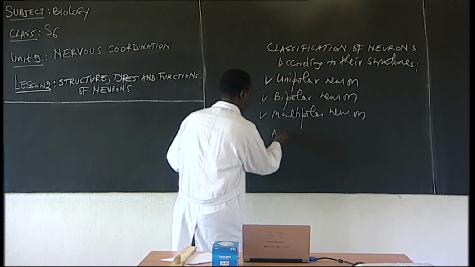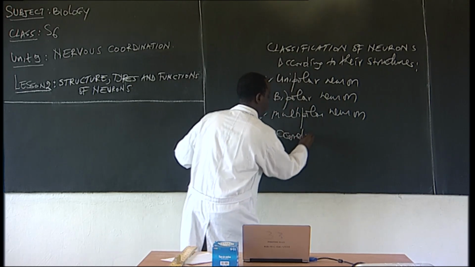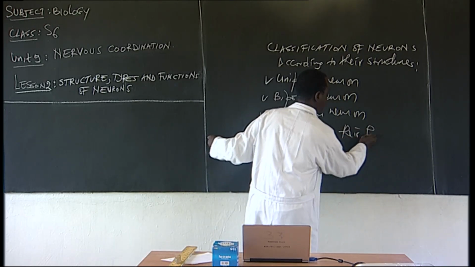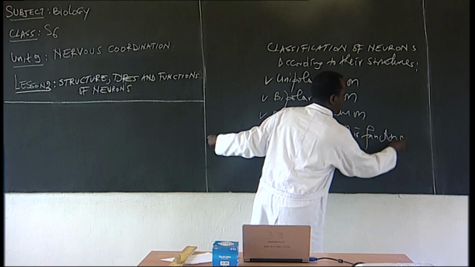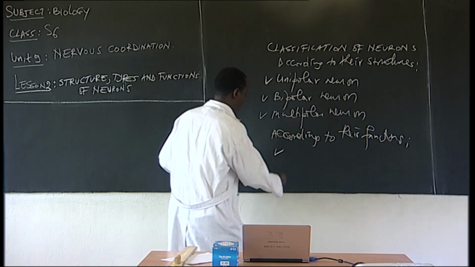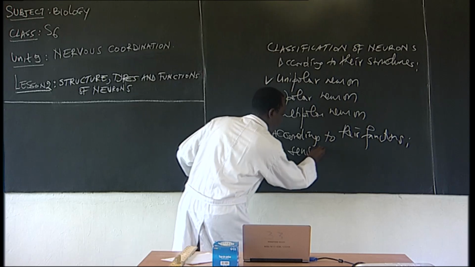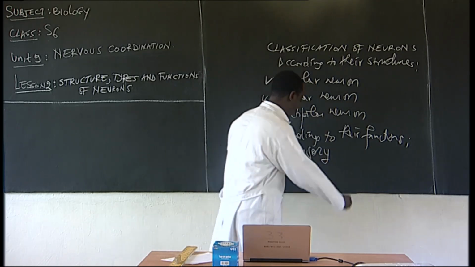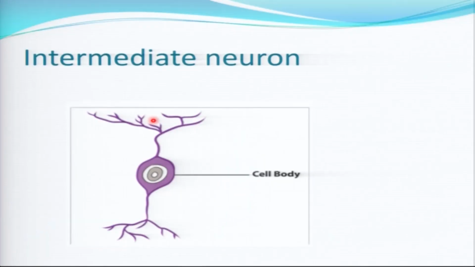And then according to their function, we have sensory. Sensory is also called, how do you call it? It is also called afferent neuron.